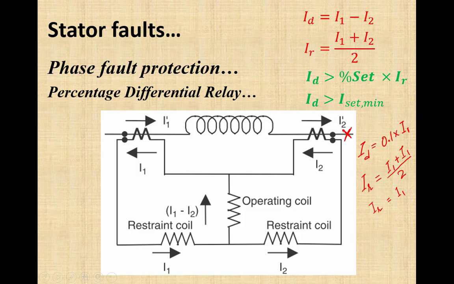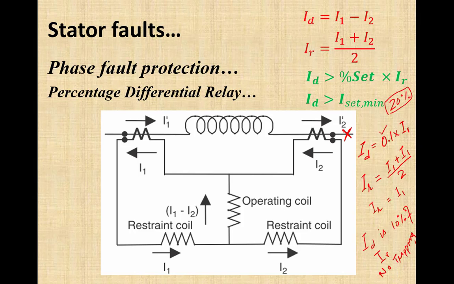Now what is the value of ID with respect to IR here? ID is just 10% of IR. If we set the slope setting to 20%, this relay is not going to operate for this worst condition where CT is producing as much error as 10% of its rating. So we can see here the difference current is 10% of retaining coil current in this condition, no tripping.